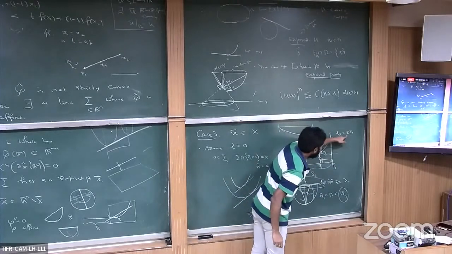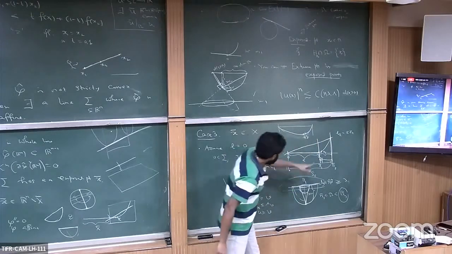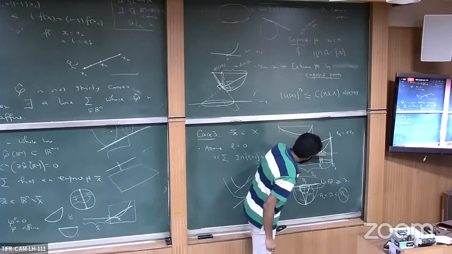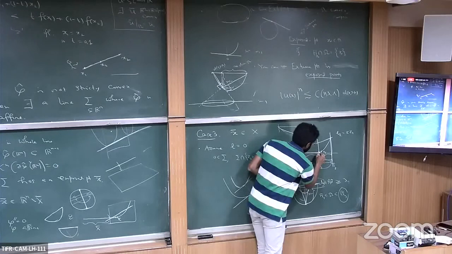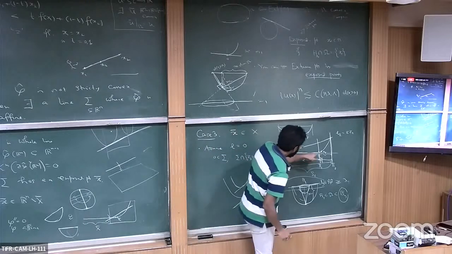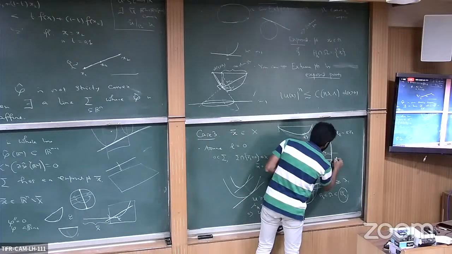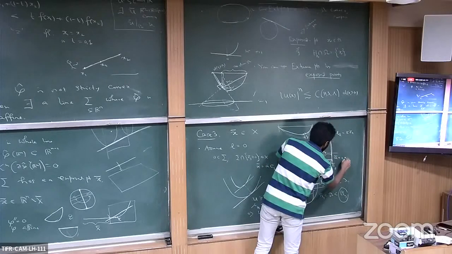So if epsilon is sufficiently small, then it will go to 0, right? So this plane should go to this plane, so every point should lie above this plane. So as epsilon goes to 0, this distance would always go to 0, and let me write it as a bar plus small o of mass.